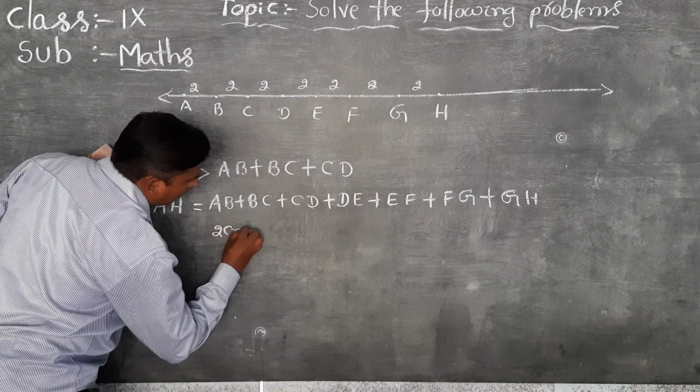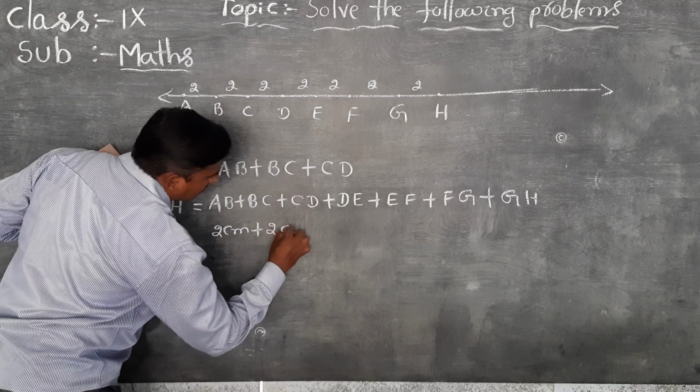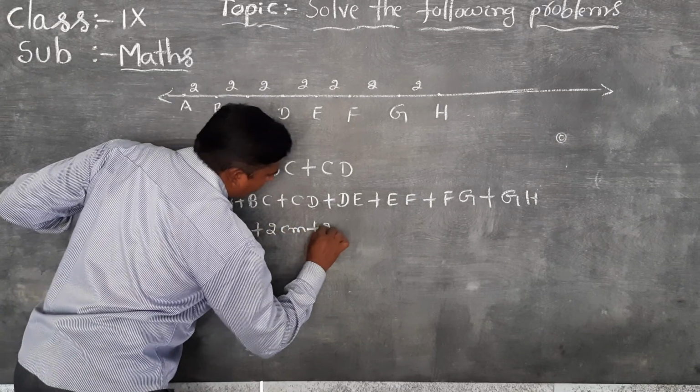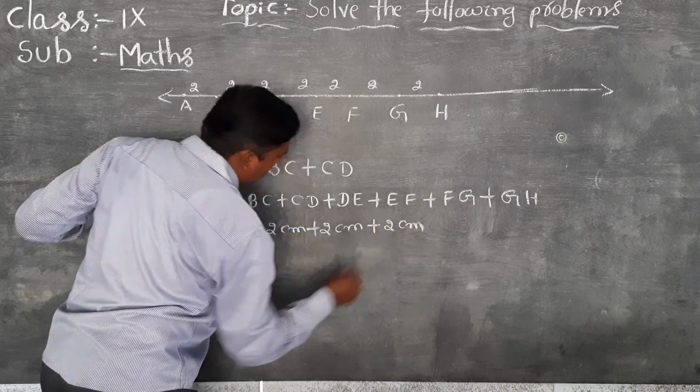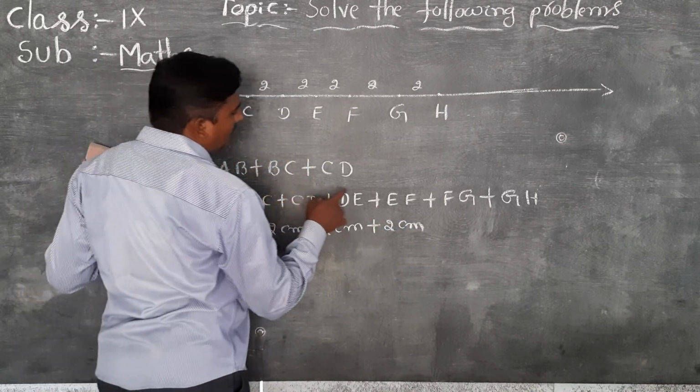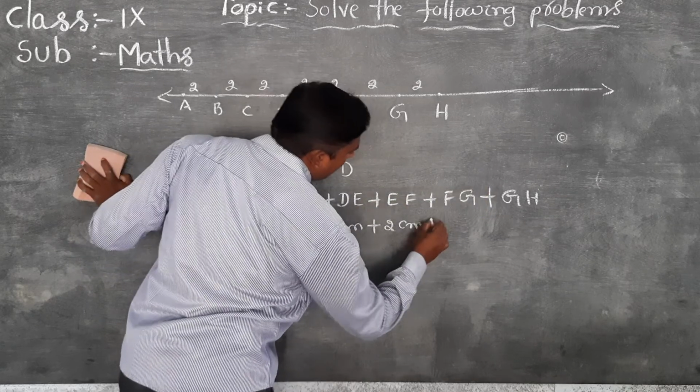2 cm plus 2 cm plus 2 cm, how many? 1, 2, 3, 4, 5, 6, 7.